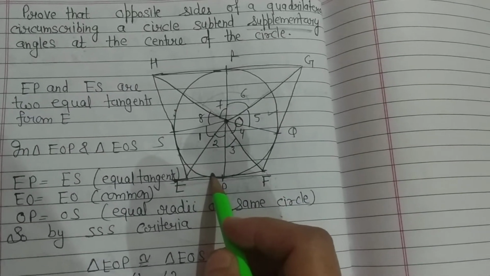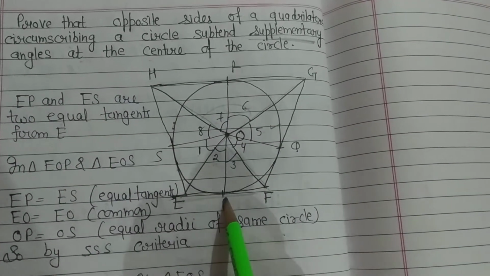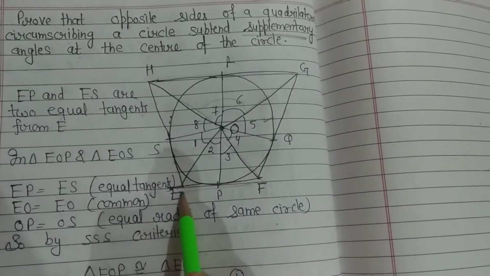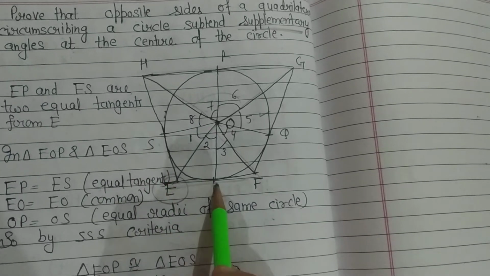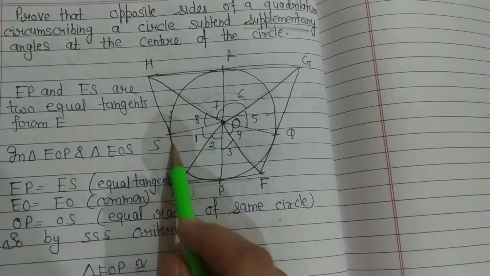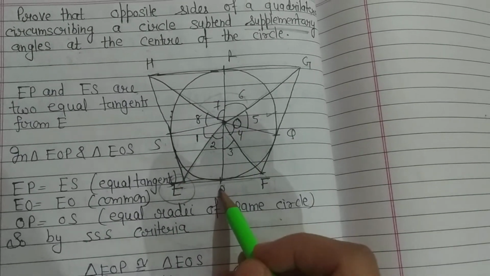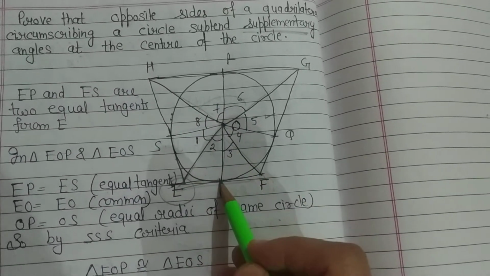For this, what I am going to do, I have taken EP and ES. EP and ES are the two equal tangents from E. We know that E is an external point, so EP and ES are the two tangents and their measurements are equal. If I take the triangles EOS and EOP, both are congruent by side, side, side.